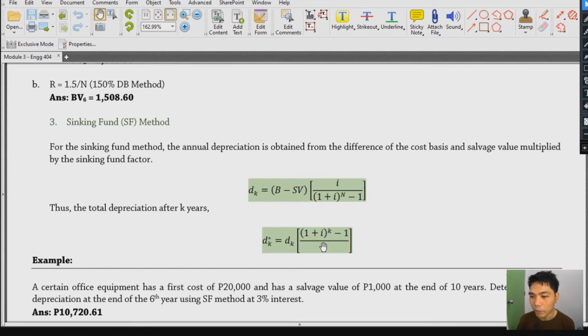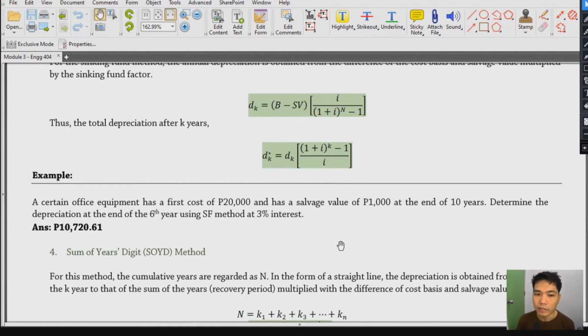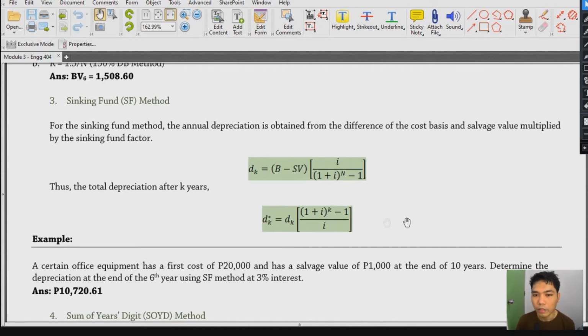Your book value would then be the difference between the cost basis and the total depreciation for K years. So if you're asked to determine the book value, you have to perform that operation.